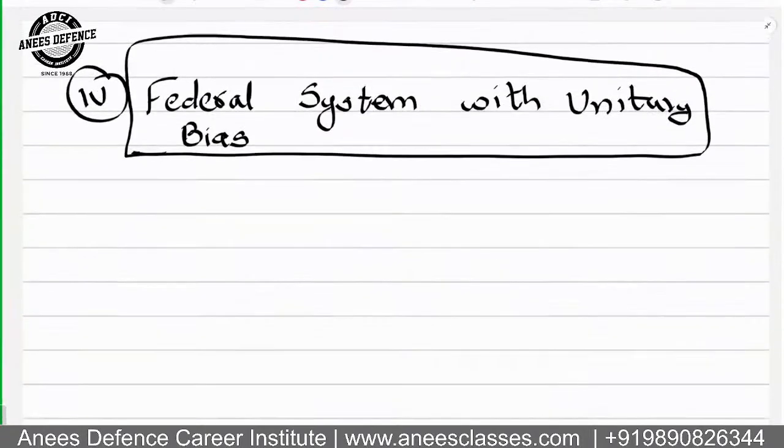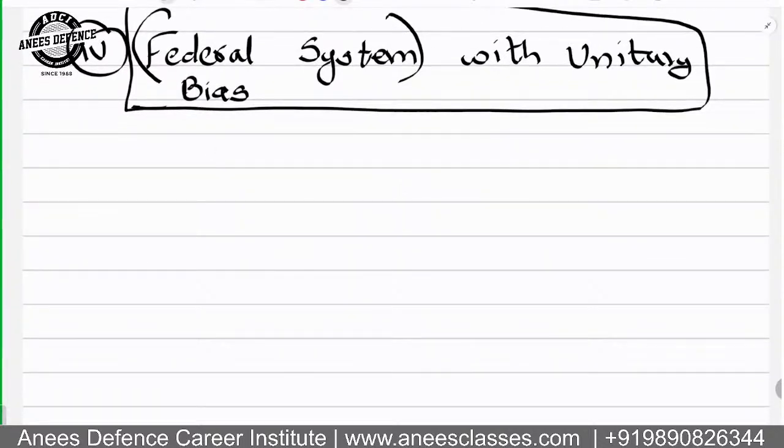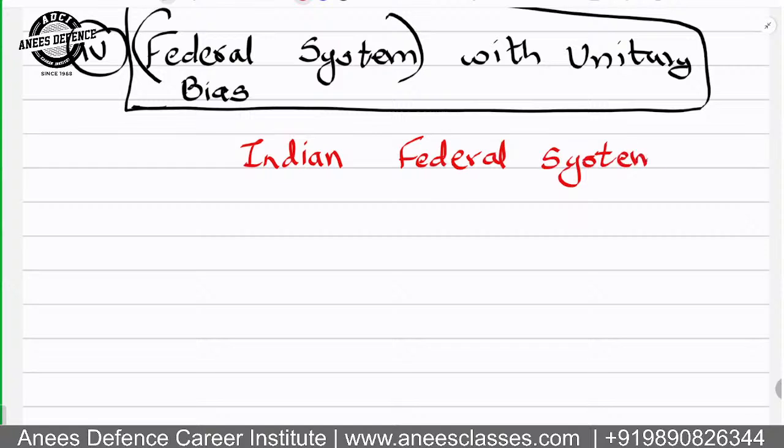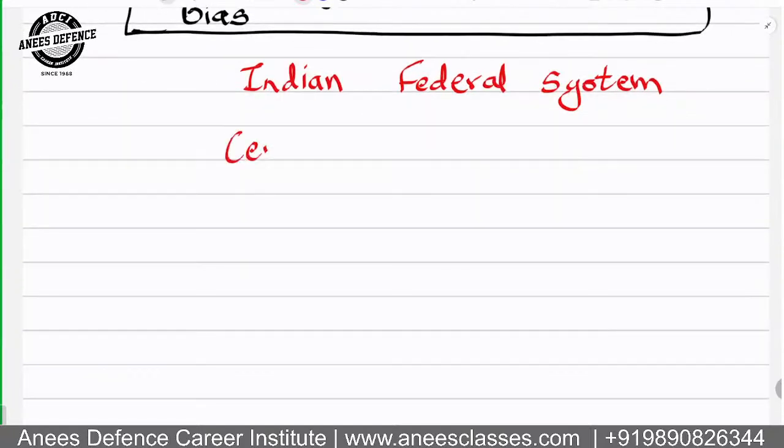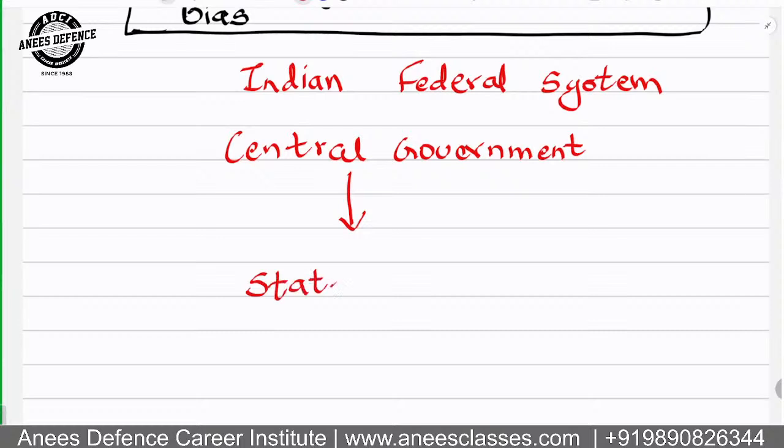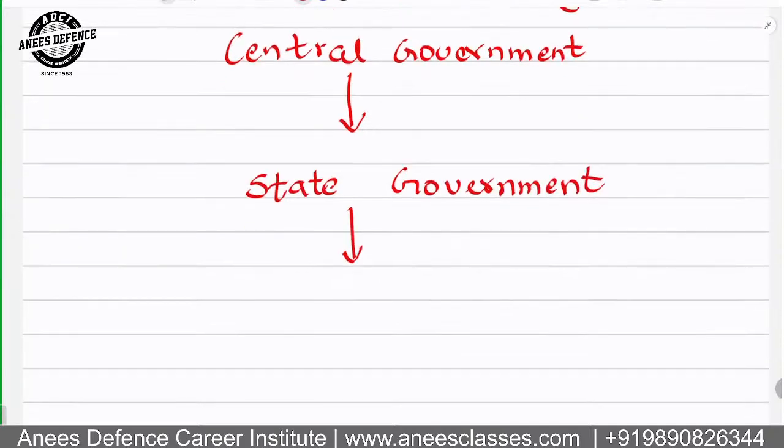Fifth important thing is federal system. State government and local government.